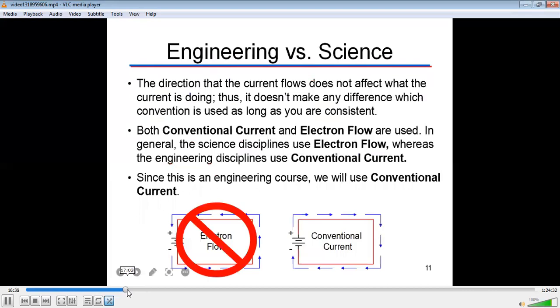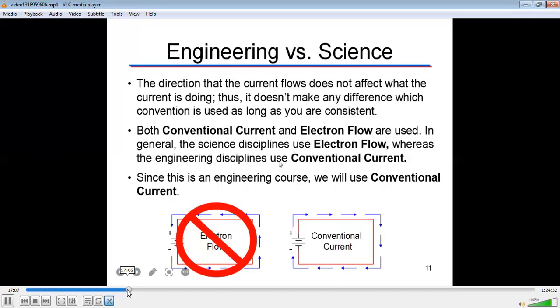Engineering versus science. As engineering students, you must know which direction of electric current to use. The direction that current flows does not affect what the current is doing. Thus, it doesn't make any difference which convention is used as long as you are consistent. But both conventional current and electron flow are used. In general, the science discipline uses electron flow, whereas the engineering discipline uses conventional current.